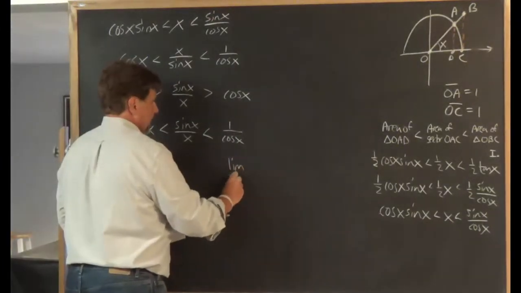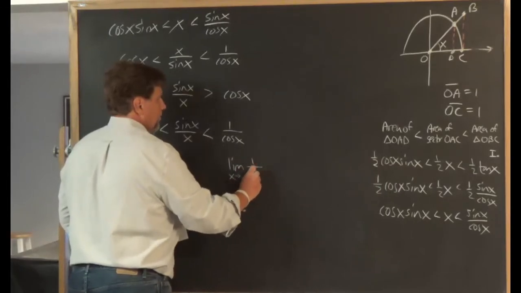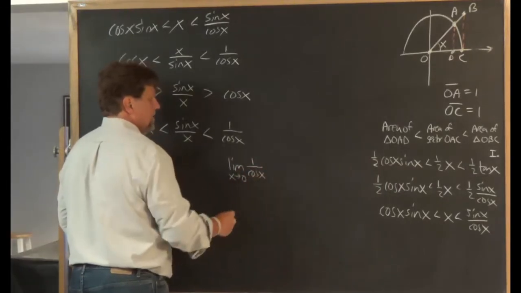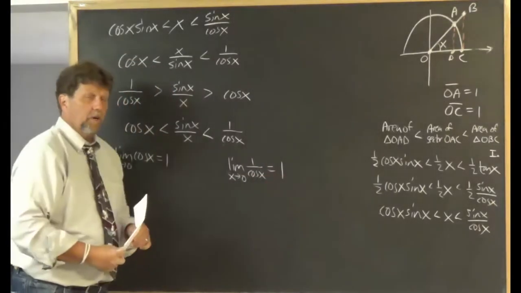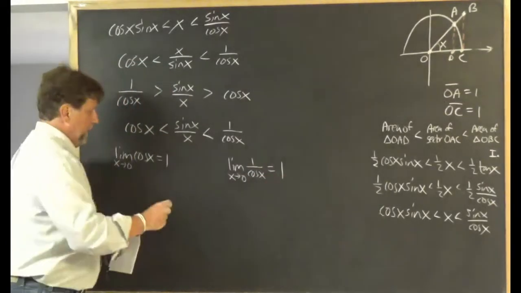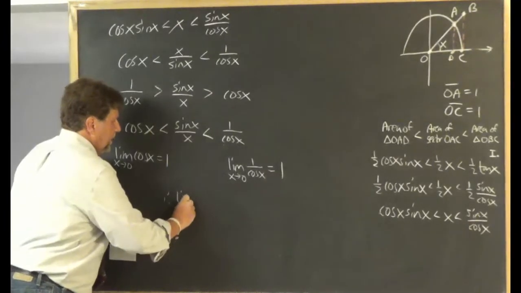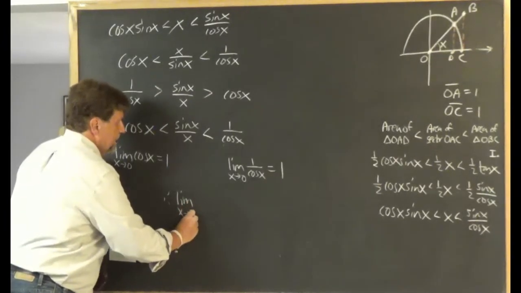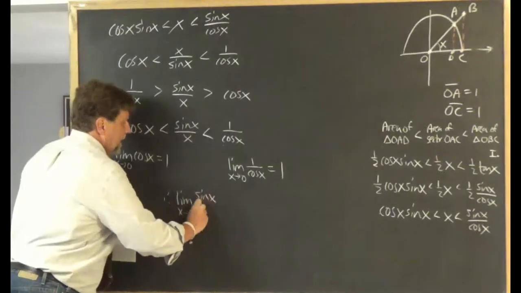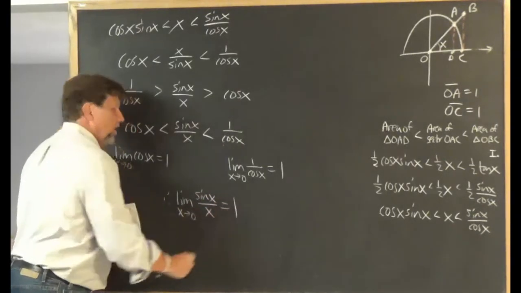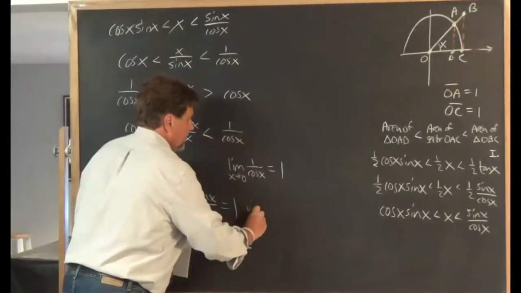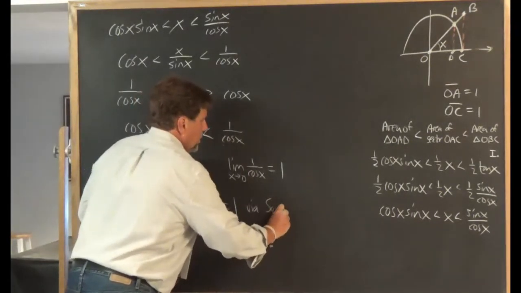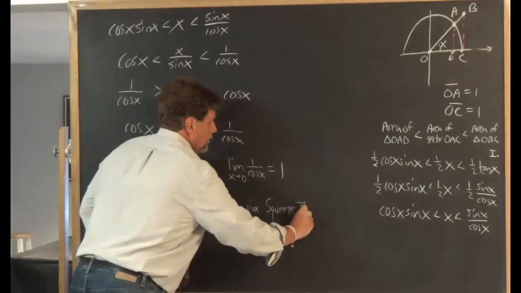The limit as x heads off to 0 of 1 over cosine x, direct substitution gives us that limit as 1. So we know the limit as x approaches 0 of sine x over x must also equal 1 thanks to the squeeze theorem.